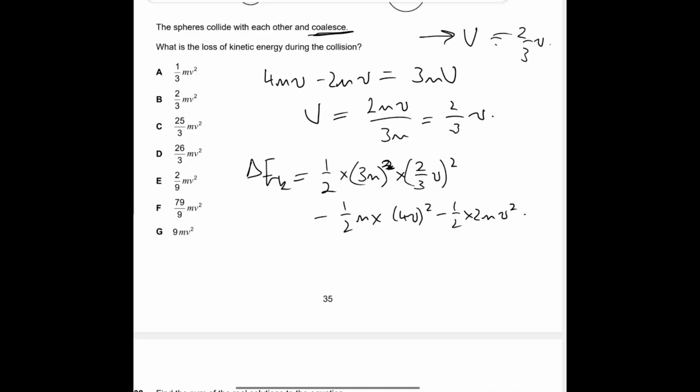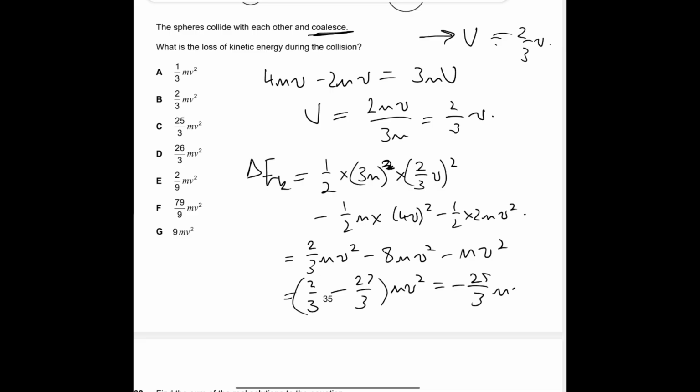So that's going to be 2/3 mv squared minus 8 mv squared minus mv squared. It should be 2/3 minus 27 over 3, which is going to be minus 25 over 3 mv squared. So it loses that much kinetic energy.